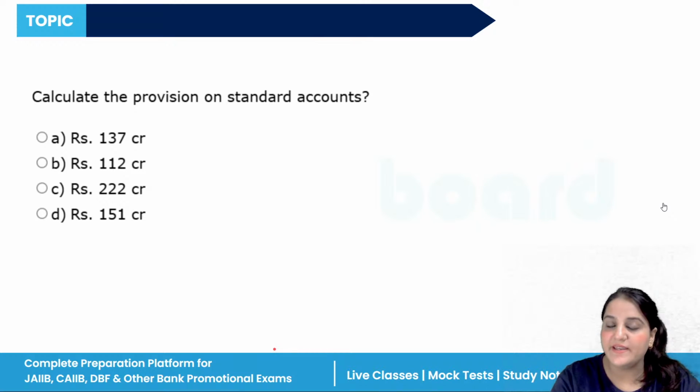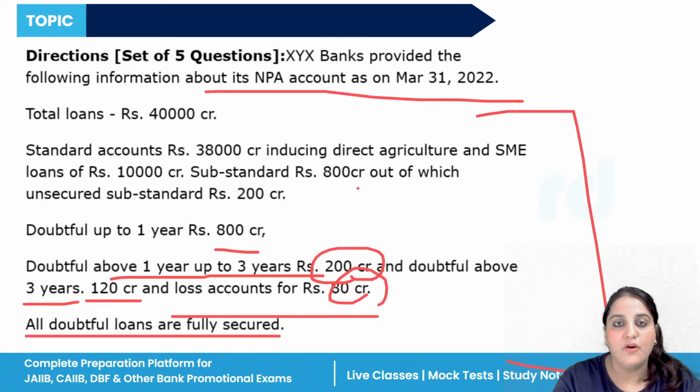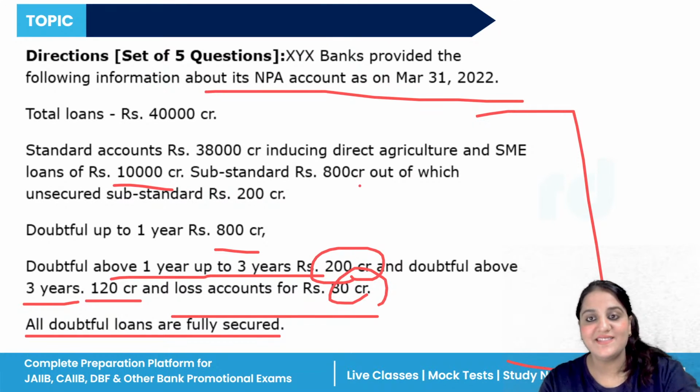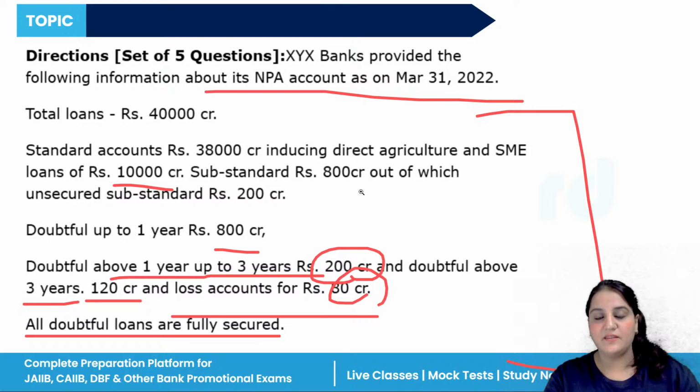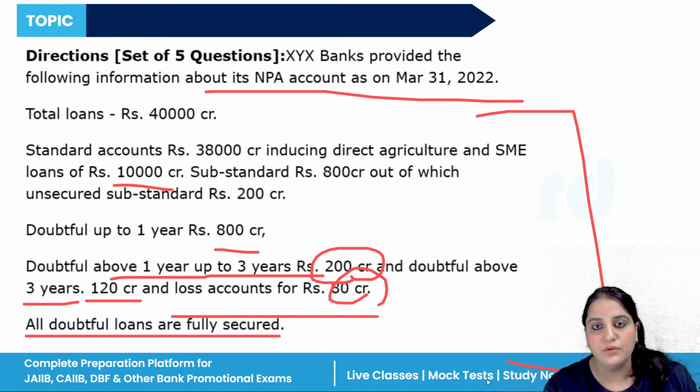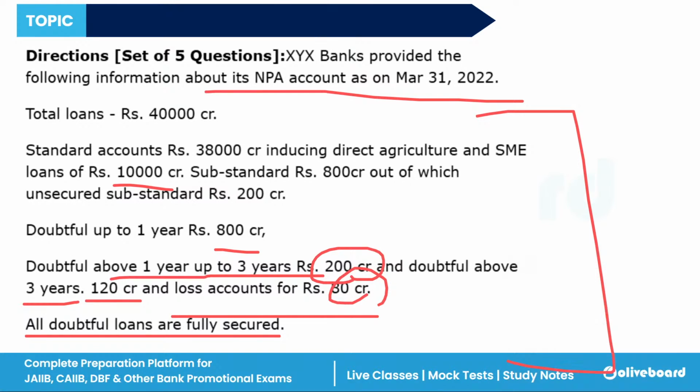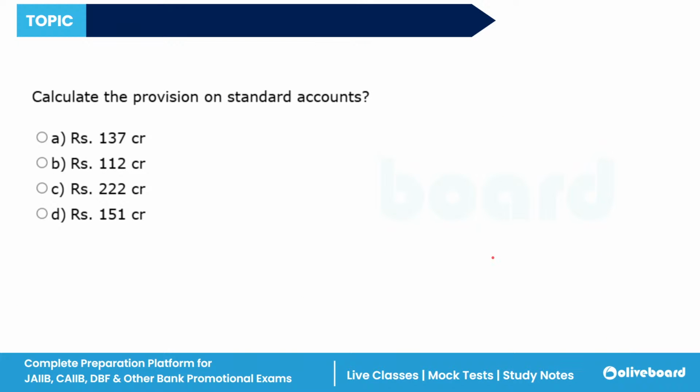According to the rules, for standard agriculture and SME loans there is 0.25%, and for other standard loans there is 0.40%. So 10,000 is for SME and agriculture loans.